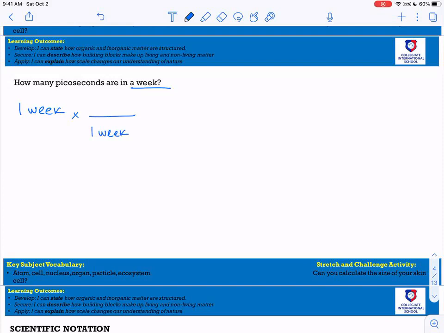For example, we do know that in 1 week, we have 7 days, right? We have that in 1 day, we have 24 hours. We also know that in 1 hour, there is 60 minutes, and in each minute there are 60 seconds.